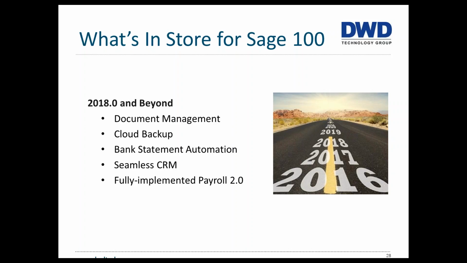And then for version 2018 and beyond, some things that we're expecting to see are document management integration capabilities. Not 100% sure what this could be, but what we are thinking is maybe I've got a vendor's invoice that I want to scan in.